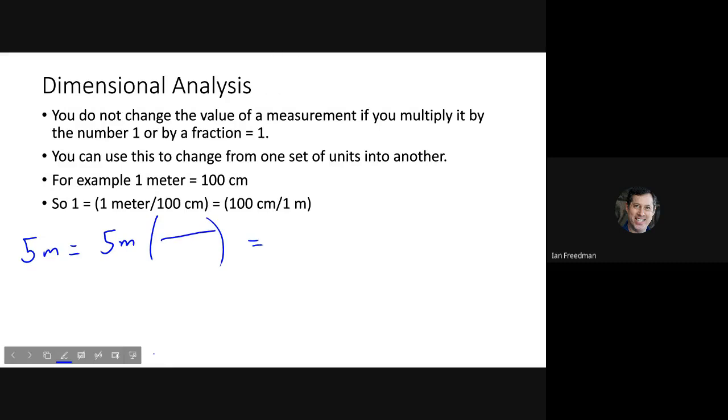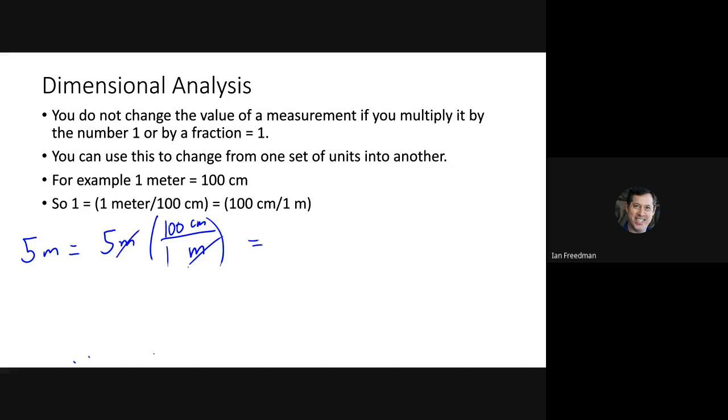So you really can start with this, and you can say, well, I know meters needs to go away. So then what do I put in the top and what do I put in the bottom? And we probably want to put 1 meter here, although we don't have to, and you could put 1 meter is equal to 100 centimeters. That's fine too. Now, if you look at it, boom, units cancel. Pretty straightforward.